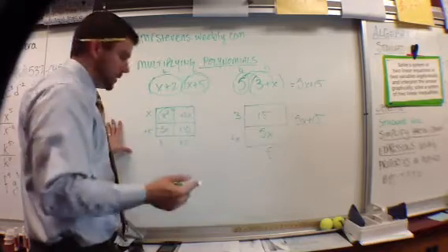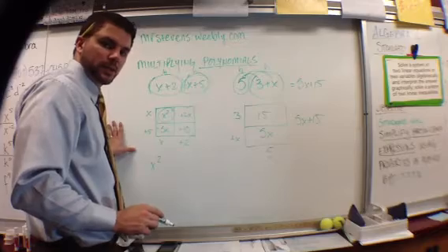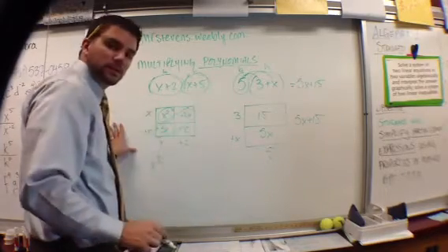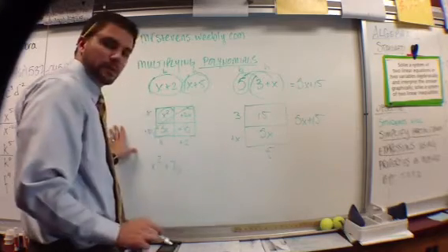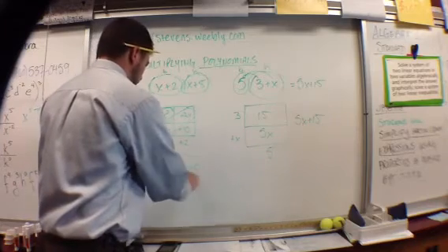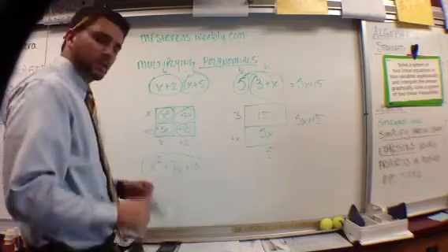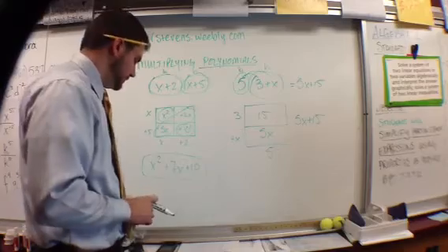X squared cannot be combined with anything, so I just rewrite it as x squared in my solution. Positive 5x and positive 2x can be combined to a positive 7x, and positive 10 gets dropped straight down, nothing can be combined with it. This is the solution for x plus 2 times x plus 5.